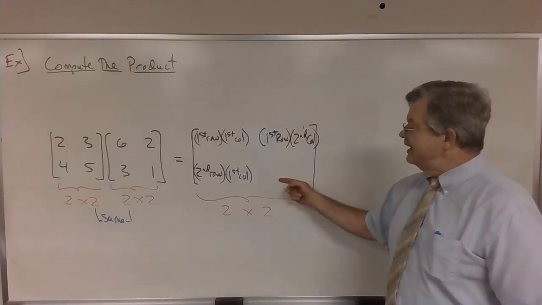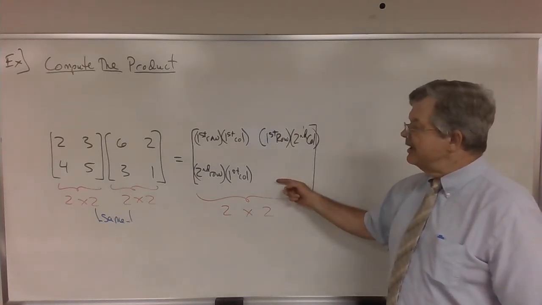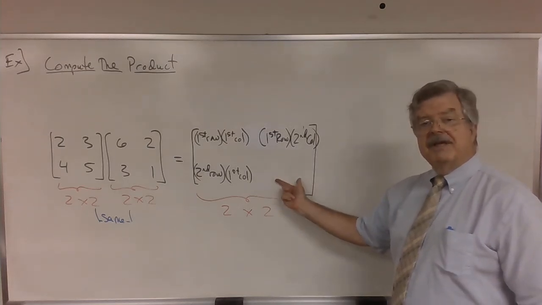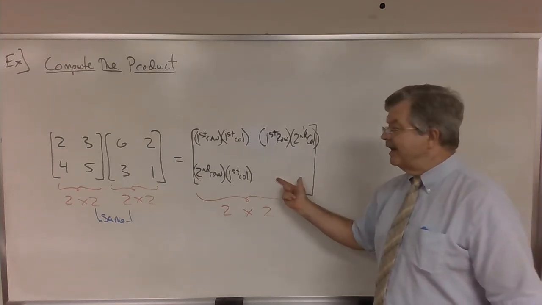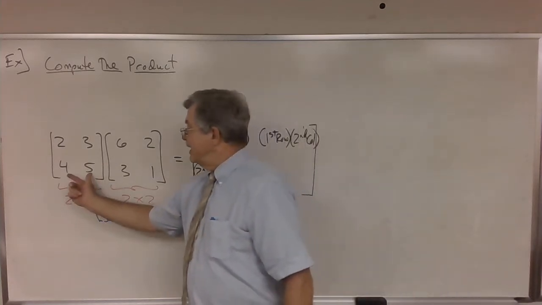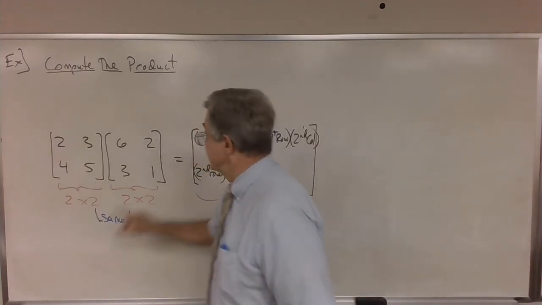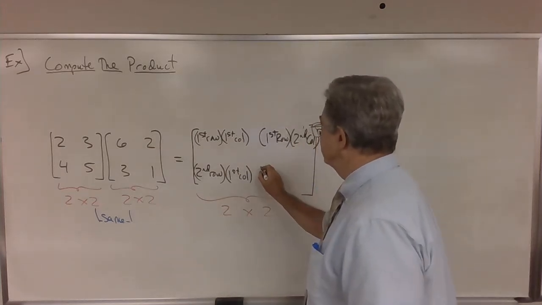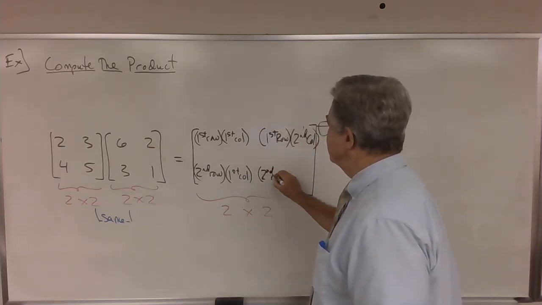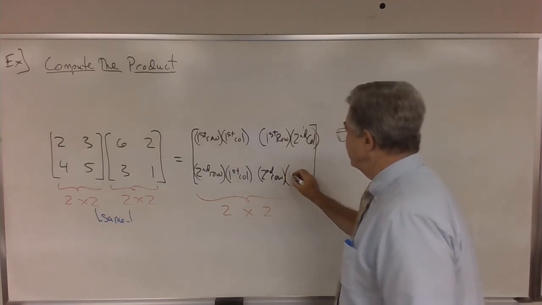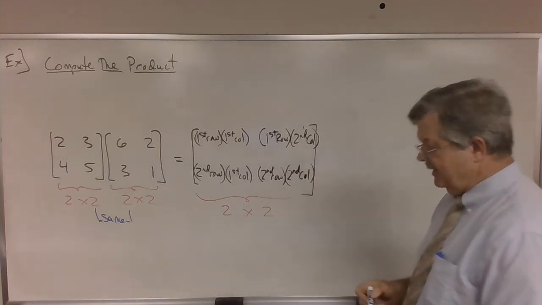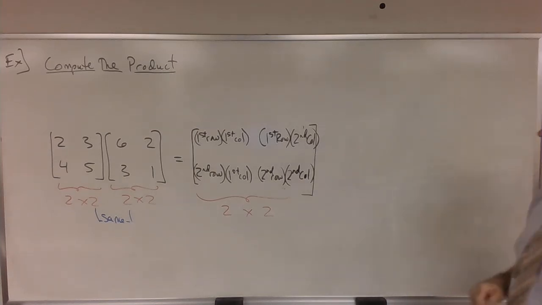And I go to this entry. I'm in the second row and the second column. To get the entry that should be in the second row and the second column, I take the second row times the second column.